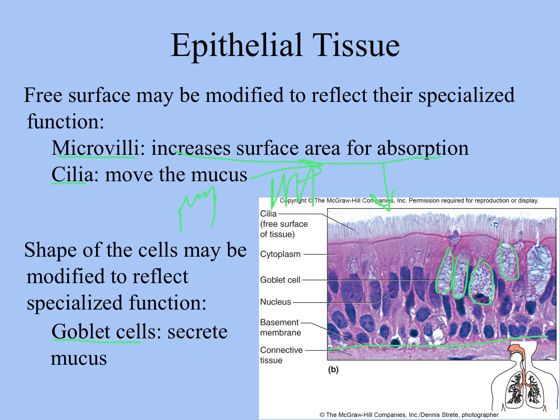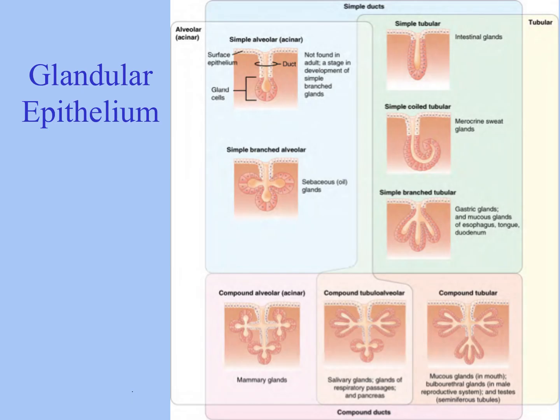These goblet cells will secrete mucus to the surface of the epithelial cells so that it will trap debris, and those cilia cells will then move the mucus plus the debris to an area where they can be gotten rid of easily. But the majority of your glands will be multicellular, and they're divided into specific types.